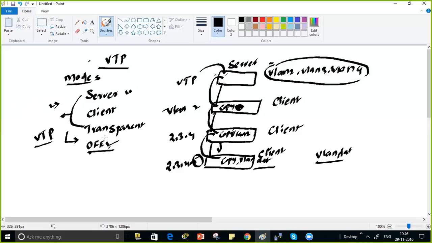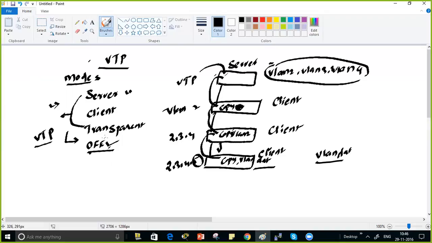Whenever you face an interview and they ask how many modes there are in VTP, you just say three modes: server, client, and transparent. And version 3 introduced another mode, that is off mode.